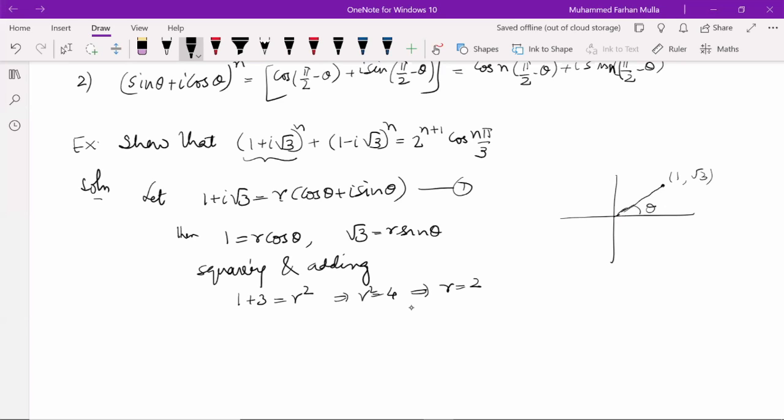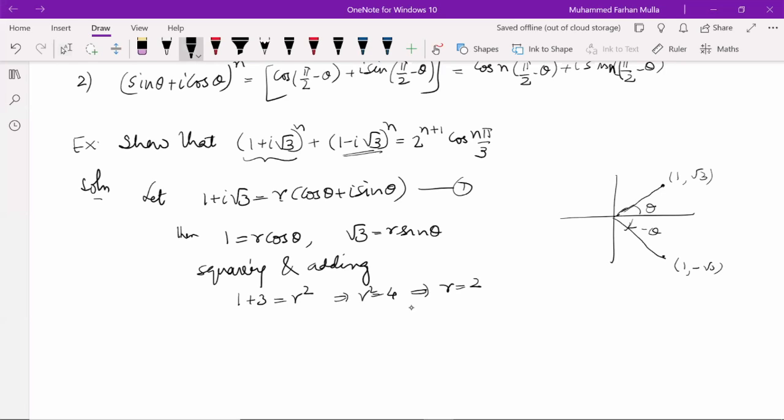And if you look at the second one, 1 minus root 3, it lies in the fourth quadrant. So whatever theta you get, you take minus theta of that, so that will be the amplitude of the other complex number. So let me find what is theta first of all.